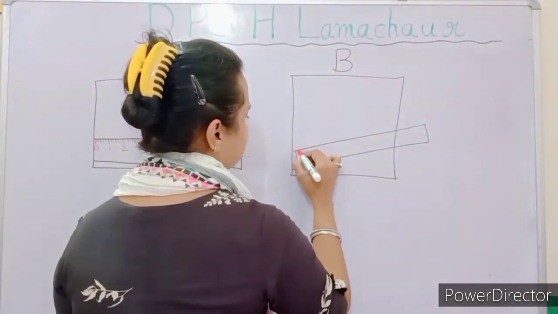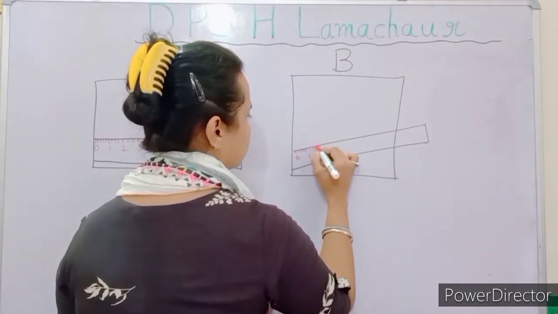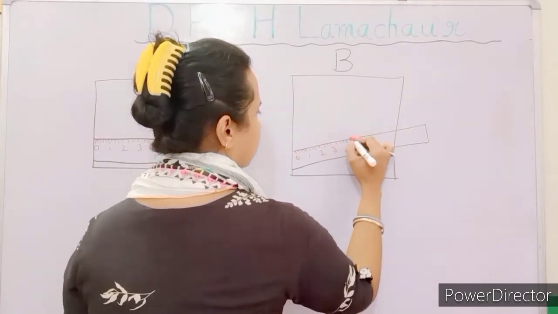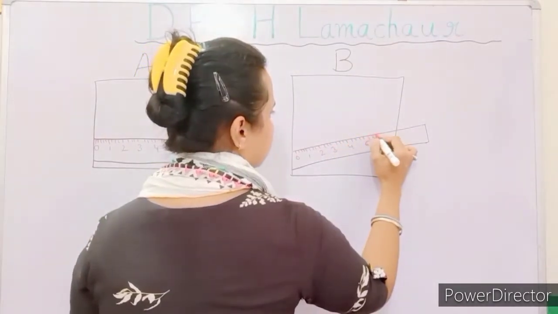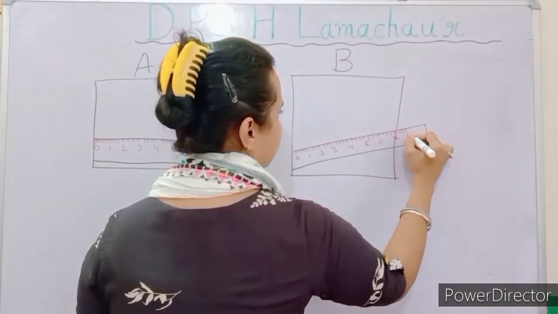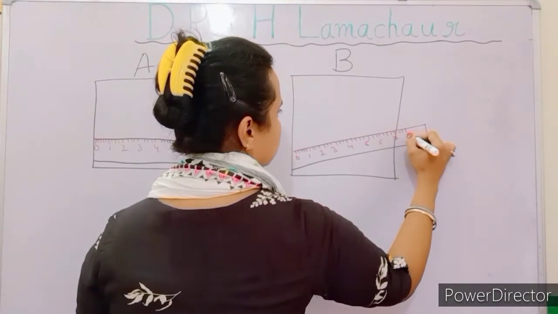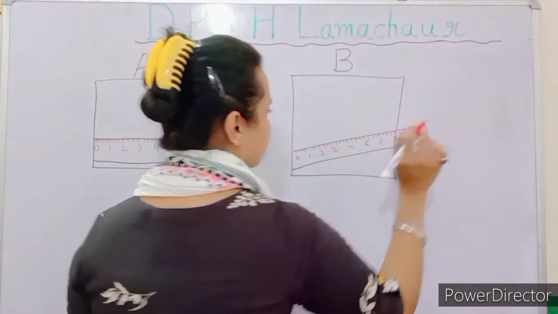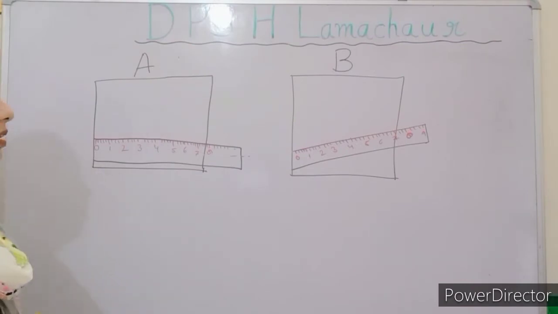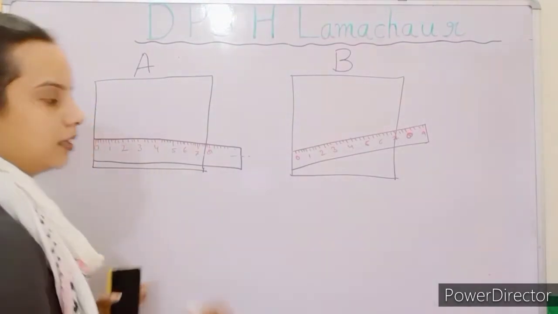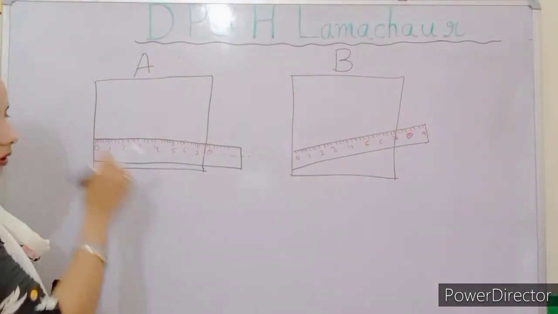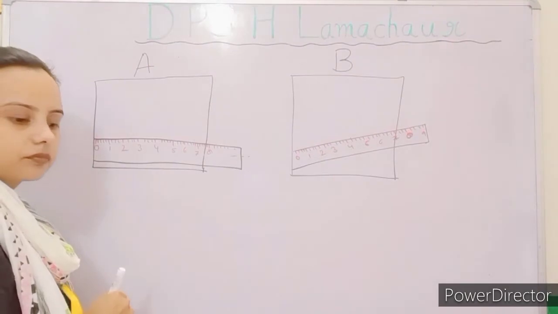Here is 0, then 1, 2, 3, 4, 5, 6, 7, 8, 9. So like this we have arranged the scale to take the measurement of these two boxes. So this is the correct way.